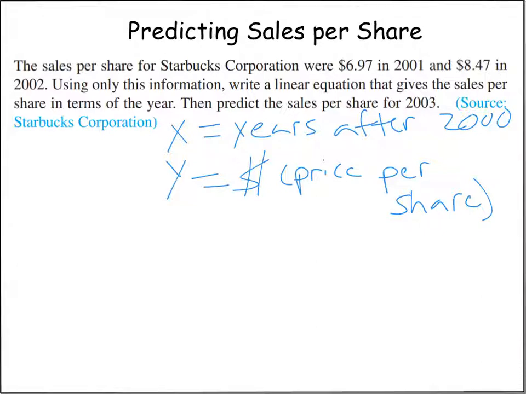Same deal. This one didn't just give me the y-intercept like the other, but what I do have is enough to get slope. Because again, I've got 2 points. This is telling me in 2001 the price was $6.97, and then in 2002 it was valued at $8.47.